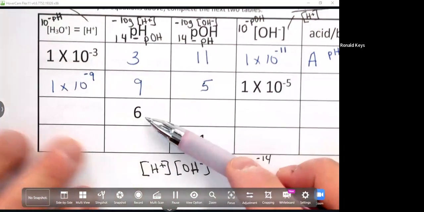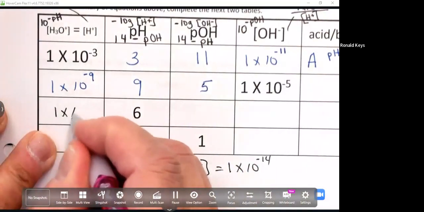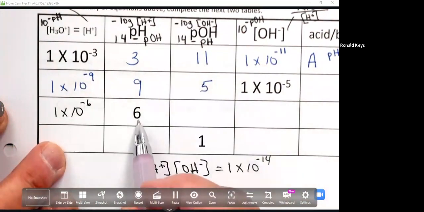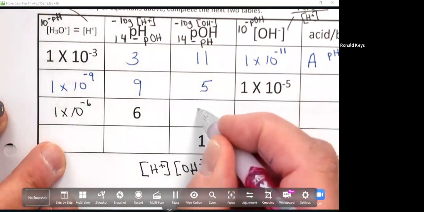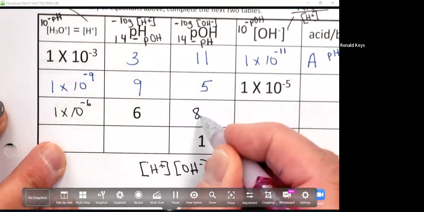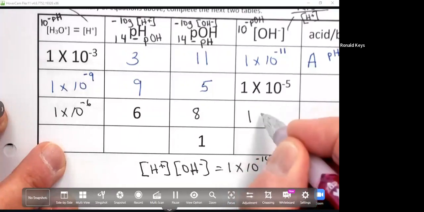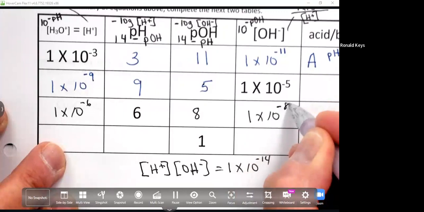So if this is a 6, what is this going to be? 1 times 10 to the minus 6. If my pH is 6, my pOH here is 8, because these two have to add up to 14. And my OH minus is going to be 1 times 10 to the minus 8.